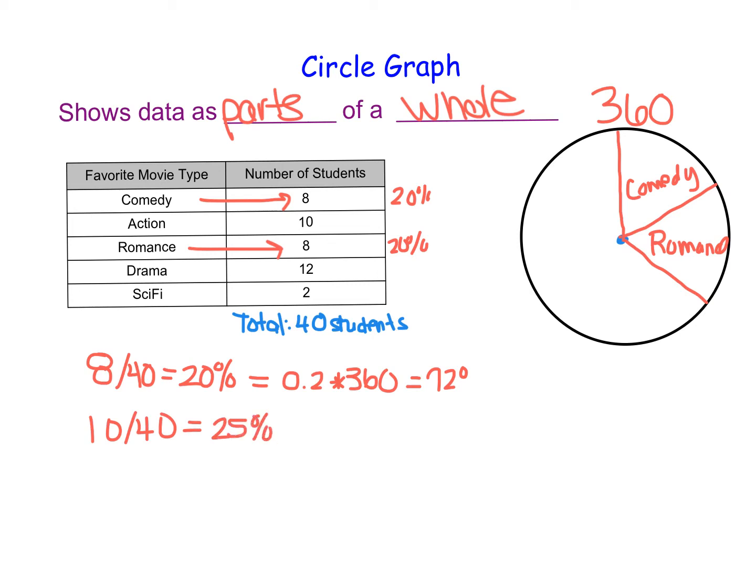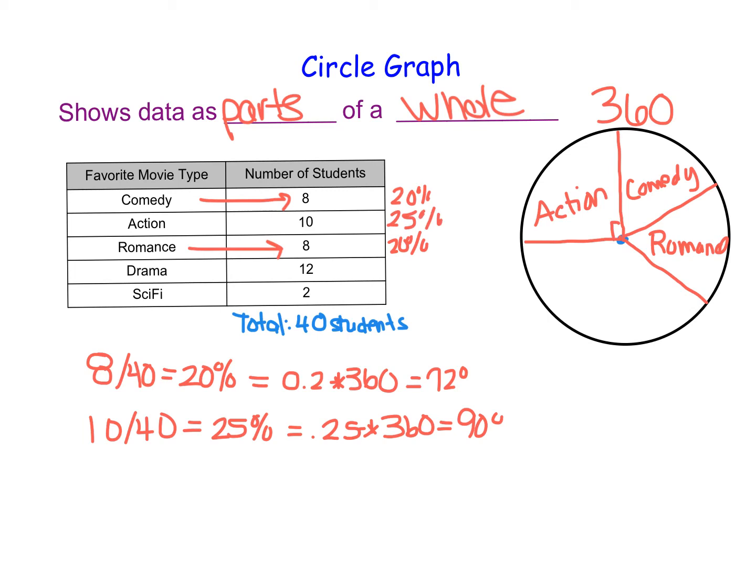And if I multiply 360 by 0.25, that represents 25%, I find that this is going to take up about 90 degrees in my circle. So here I'm just going to draw a line straight across to make that 90-degree angle, and here I have my action movies all accounted for, and those account for 90 degrees, which is 25%.